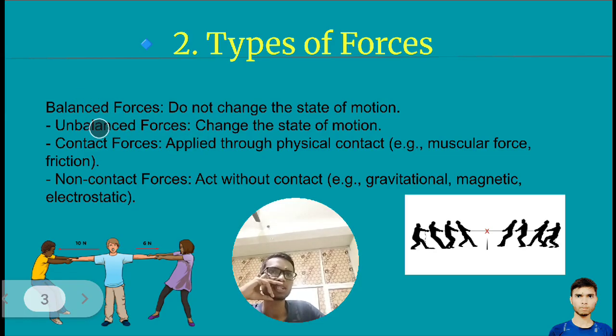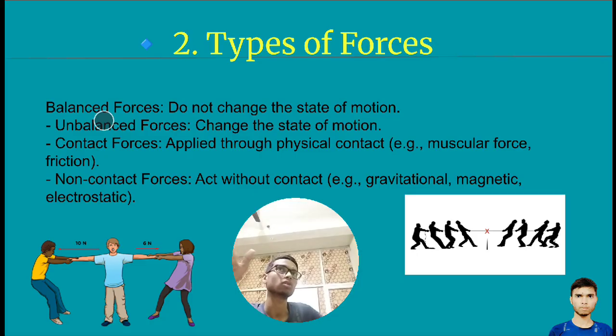Unbalanced. First of all, let's understand the meaning of unbalanced force. From this word you are understanding, yes, on one side there is a number which is, let's say, 76 newtons.